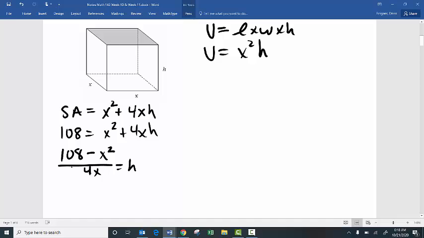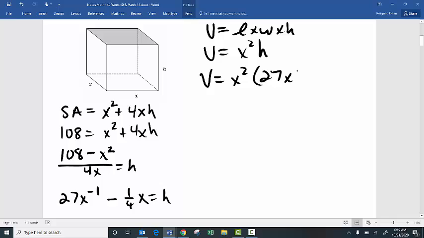You get 27x to the negative 1, and then minus, when you put the 4x over the x squared, you get 1/4 x. And that equals h. Before you take the derivative, you get rid of one of those variables. So for h, we have 27x to the negative 1 minus 1/4 x.